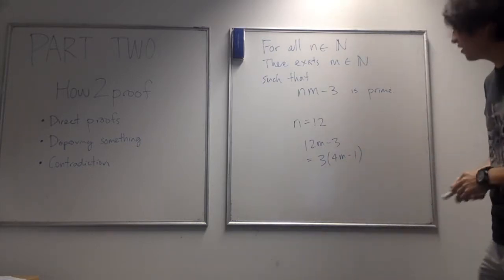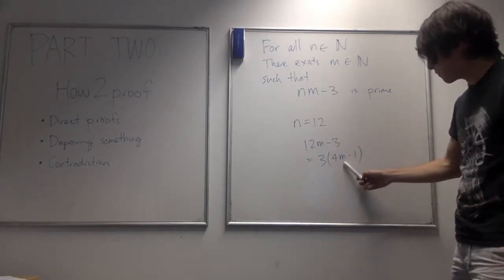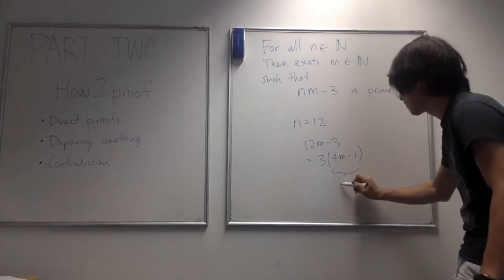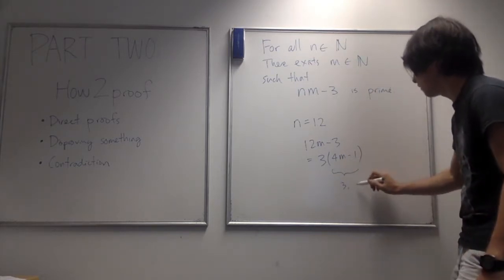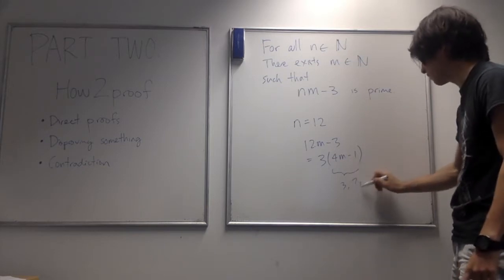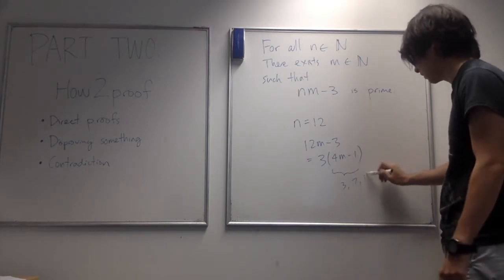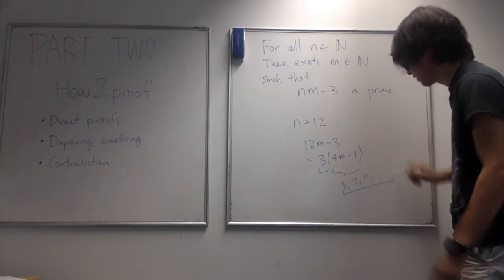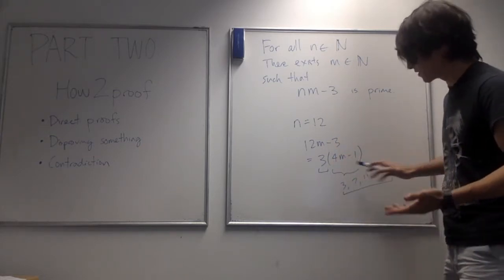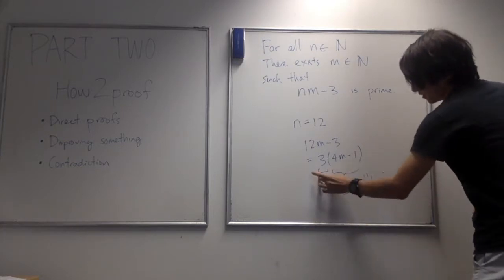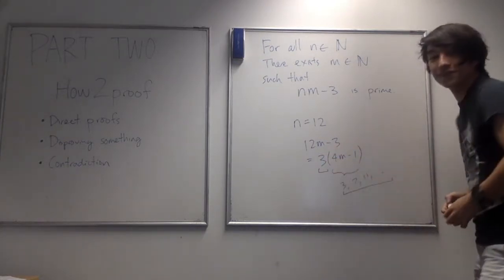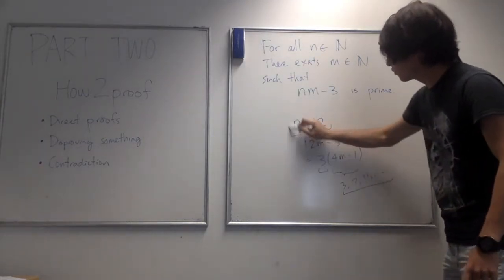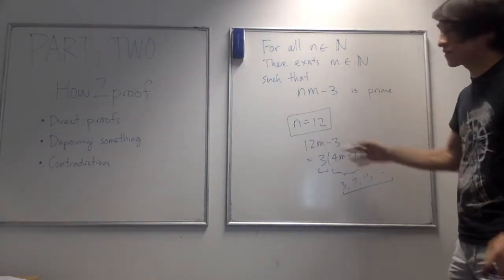So now for every natural number m, this thing here, if m equals 1, it goes to 3, and then the next one is 7, 11, and so on. It's always 3 times some other natural number. It's composite, right? It's not prime. So we're done, right? All you need to do is say, hey, look, if n equals 12, there is no m so that this is prime.